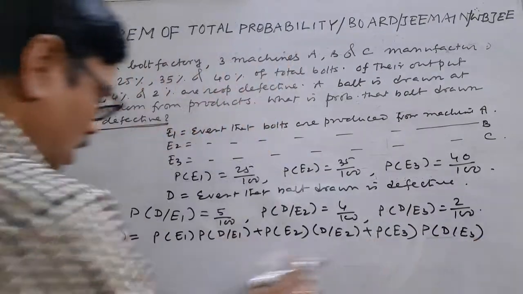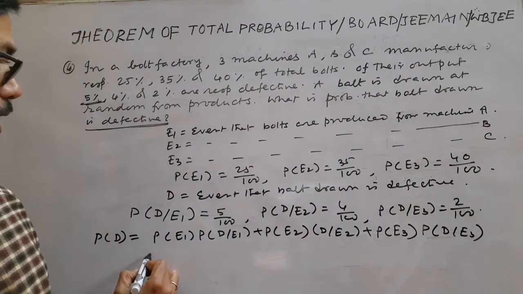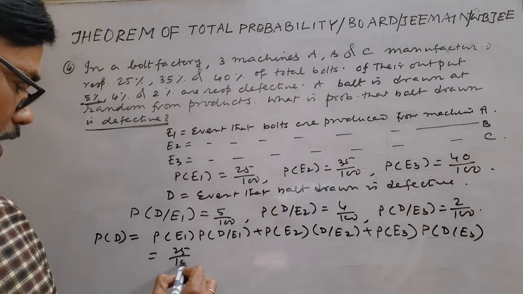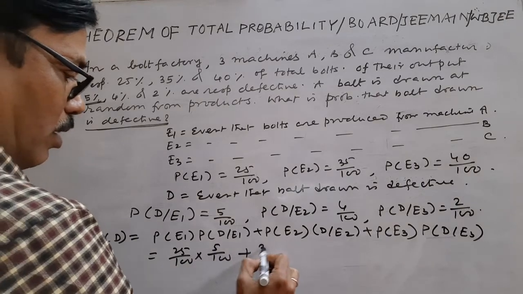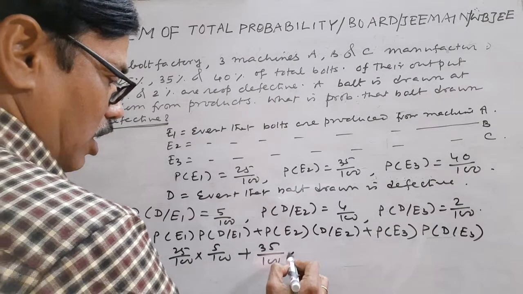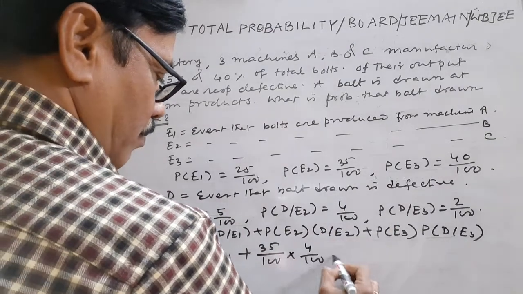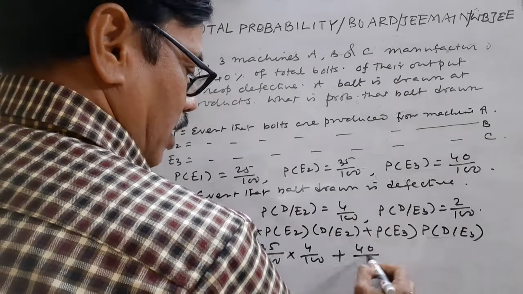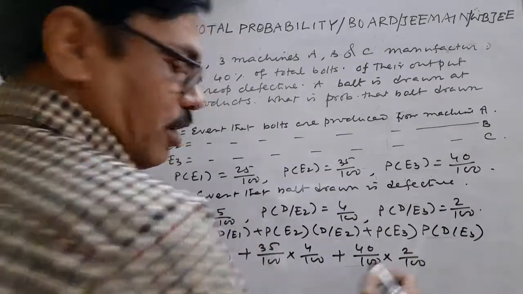So you are taking the total, that is why it is total probability. So 25 by 100 into 5 by 100, plus 35 by 100 into 4 by 100, plus 40 by 100 into 2 by 100.